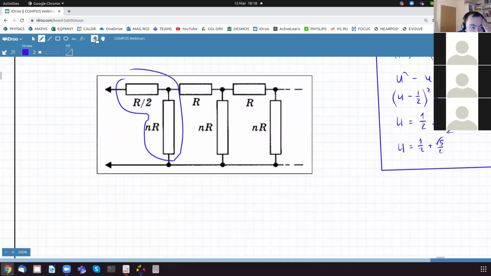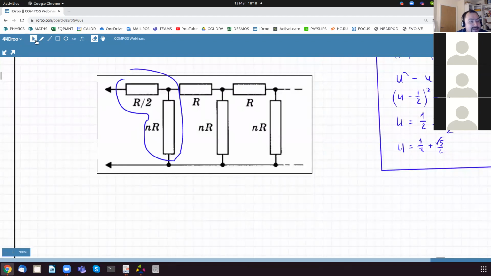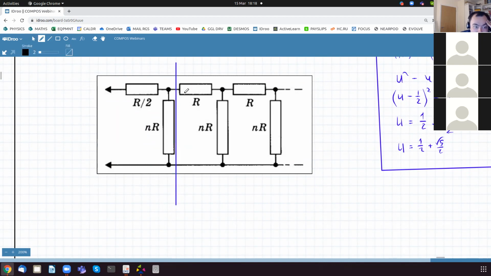So let's cut it off. Oh, not like that. Let's cut off the link like that. And let's say that the resistance of this infinite chain is R1.